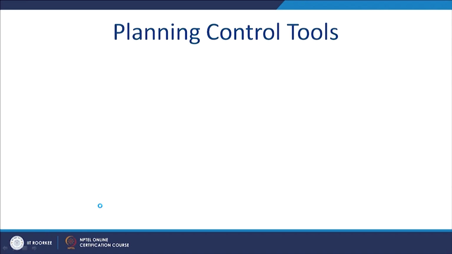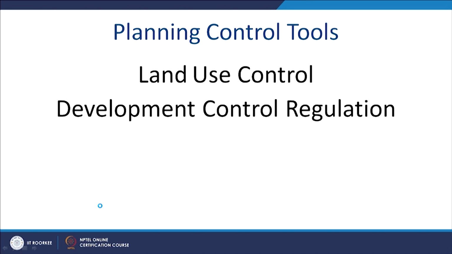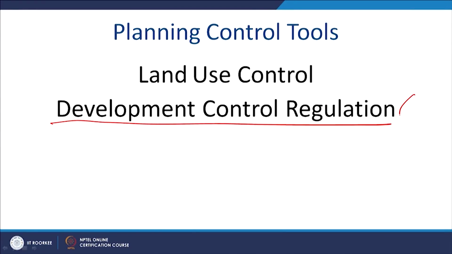Next, see the planning control tools. There are a few control tools that are required. We discussed earlier the land use control in terms of the land use and development control plan. Whatever the name, the objective of a land use control plan is to control the development over the land, for example, residential, commercial, etc. Whereas, development control regulation, in short DCR, denotes the control of the building.